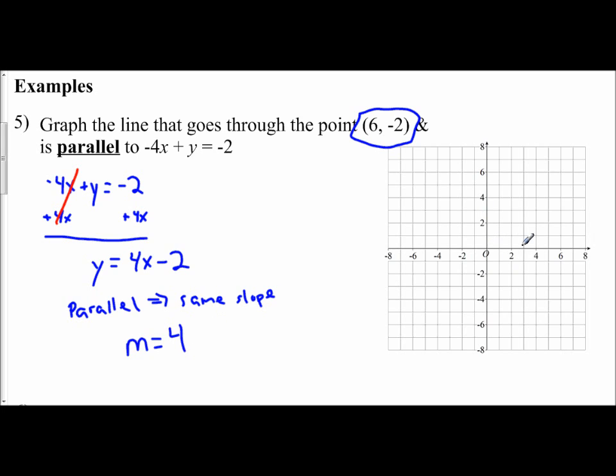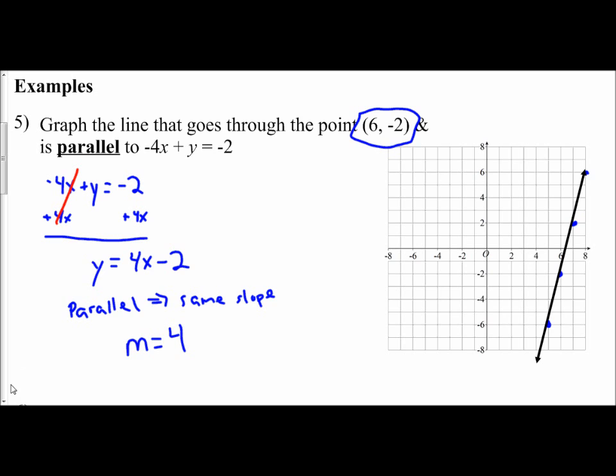So I go to (6, -2) and plot a point. I go up 4, right 1, up 4, right 1. I could also go down 4 and left 1, and then connect these with my line. And so that is the graph of the line that is parallel to -4x + y = -2 and goes through the point (6, -2).